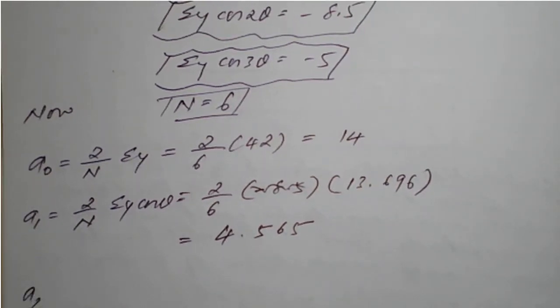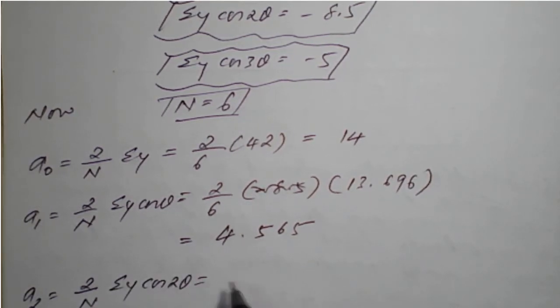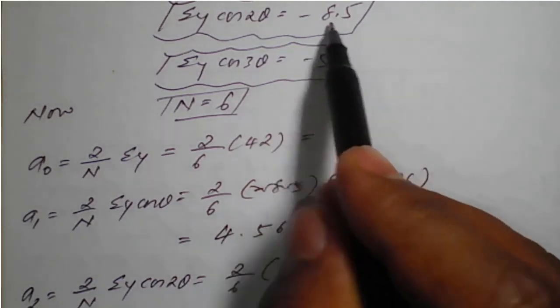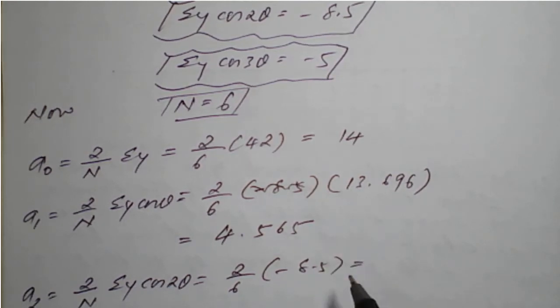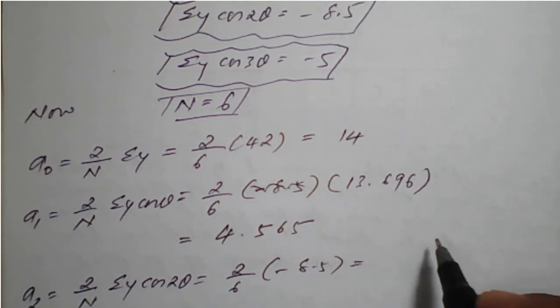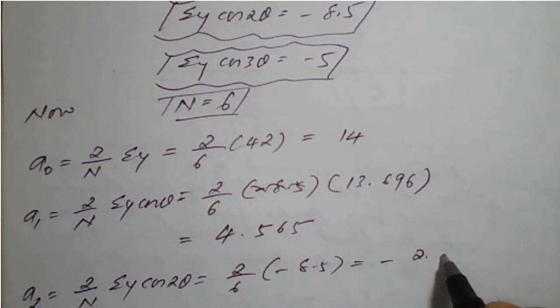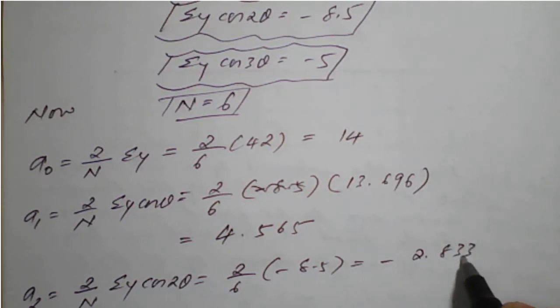Next is the a2 value, 2 upon N summation y cos 2 theta, that is 2 upon 6. Summation y cos 2 theta is minus 8.5. On calculation this value will become minus 2.833.